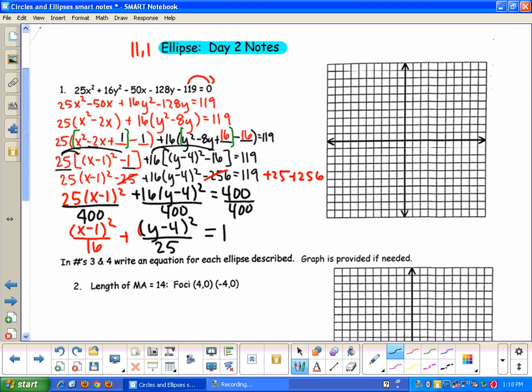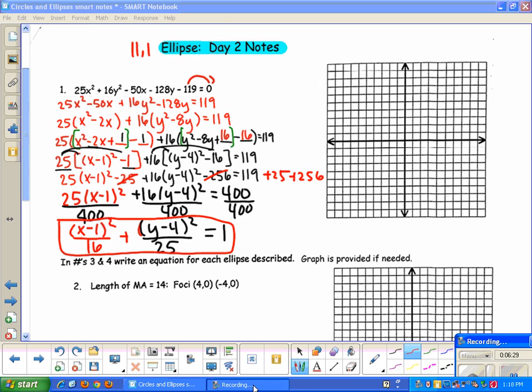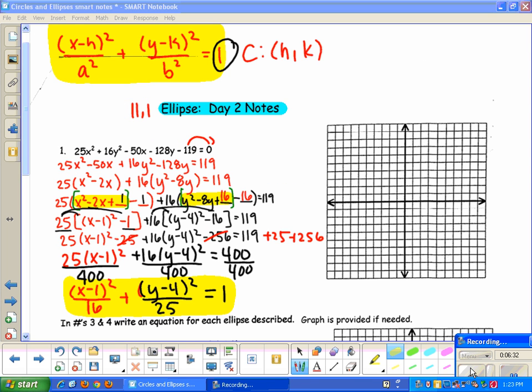So this is my equation that I have, and that gives me my answer.